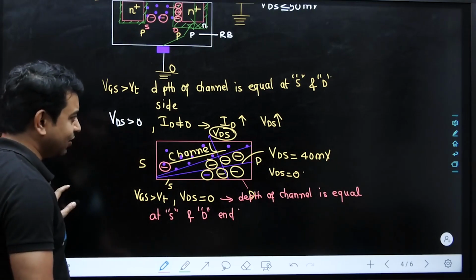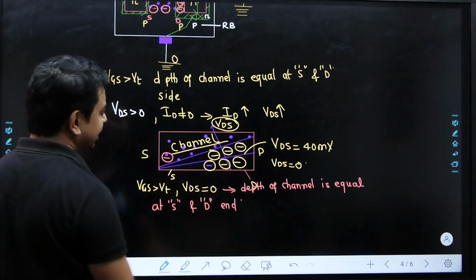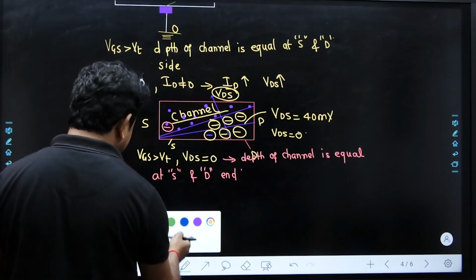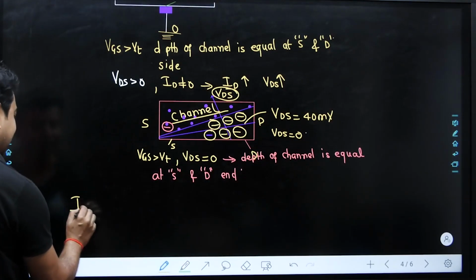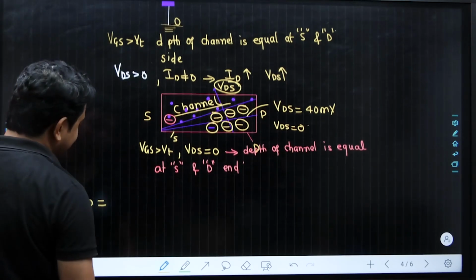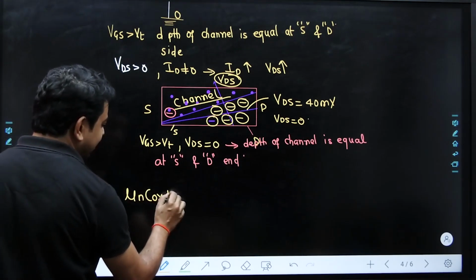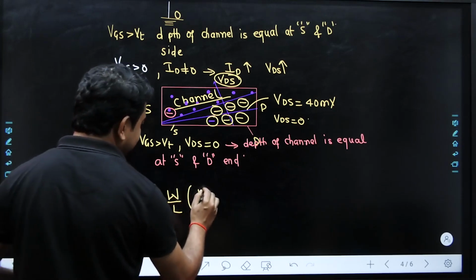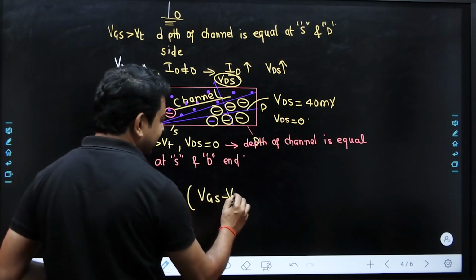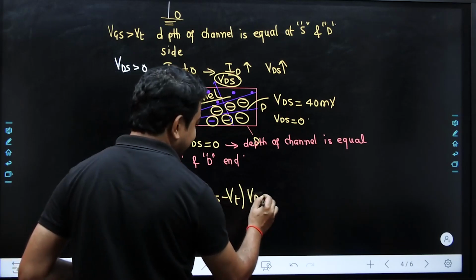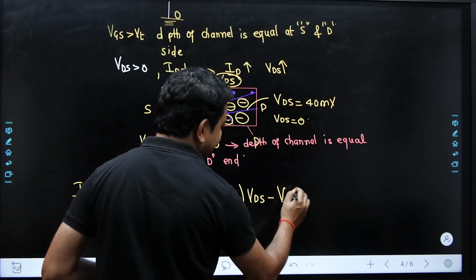In that condition, I already said that your current depends on VDS, and we are writing a final equation here. The ID current is equal to mu n COX W upon L, multiplied by (VGS minus VT) multiplied by (VDS minus VDS square upon 2).